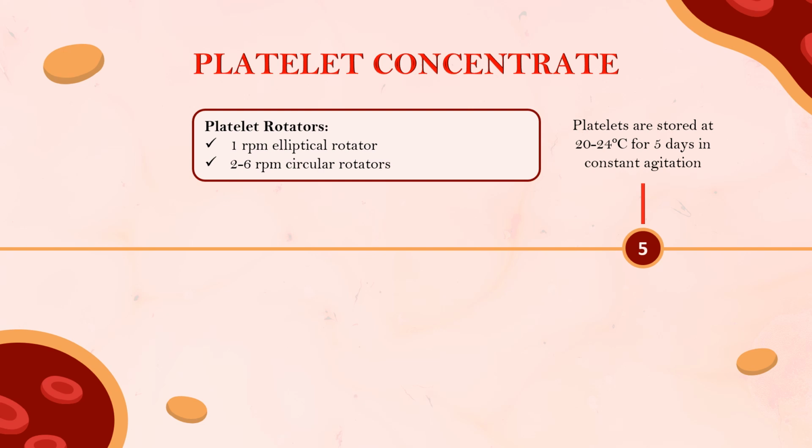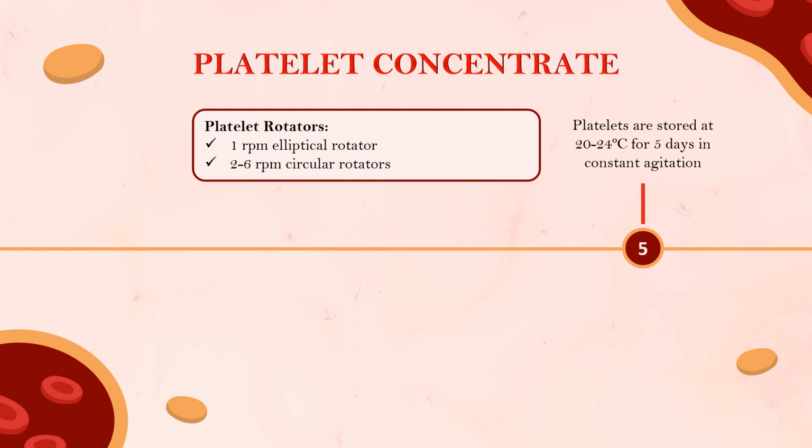This makes your platelet concentrate unique among your other blood components. So agitation is very important in platelets because number one, class, to prevent further platelet aggregation, and number two, to promote gas exchange. So those are two main factors that we attain when performing platelet storage agitation.